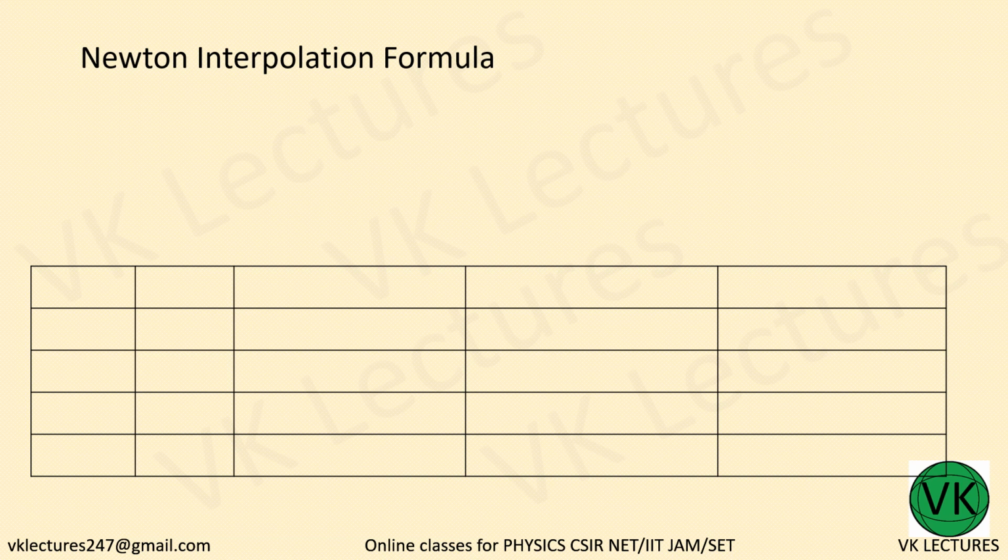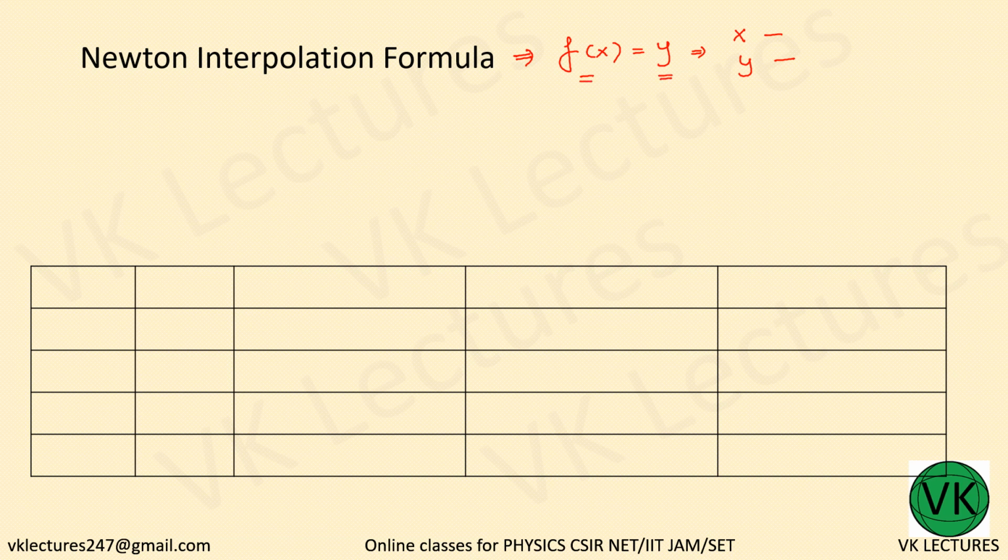Newton's interpolation formula. Newton's interpolation formula is used to find the function f of x, that's equal to y, from some set of x and y values. Some x and y values will be given, and from that we are going to find the general formula for y equal to f of x.